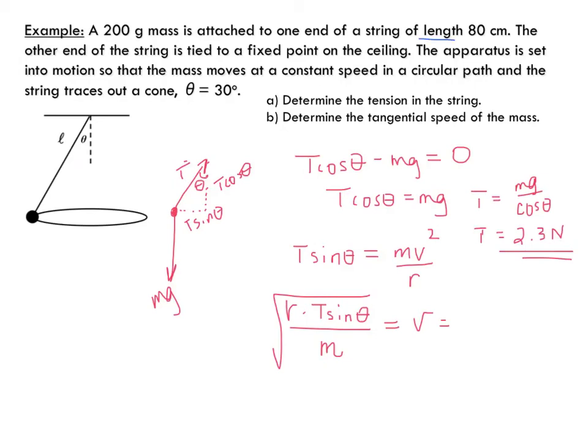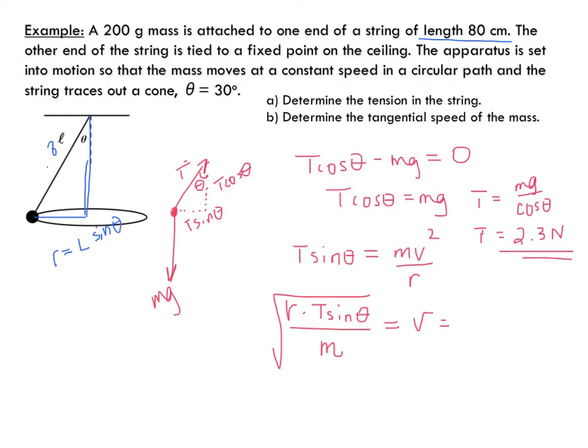So the length of our string is 80 centimeters or 0.8 meters. So that's this piece right here. And r is going to be this distance. So what we notice is that it creates a right triangle at all points. So r will actually be equal to L sine of theta.